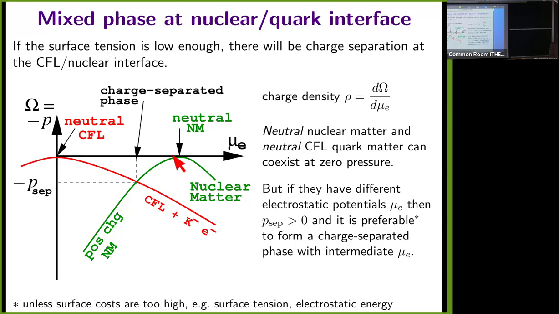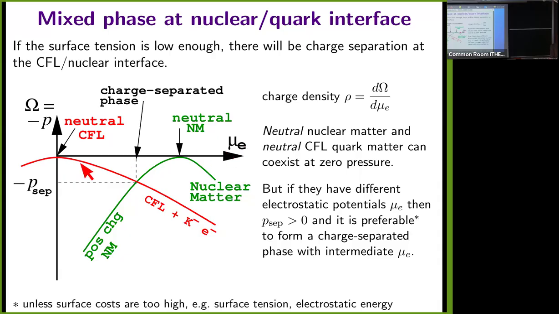So far we're just looking at two points on here: this point, neutral nuclear matter, and this point, neutral quark matter. But nature doesn't just look at that. Nature looks at all the possibilities. Supposing you looked at quark matter that wasn't neutral, supposing you increased the electron chemical potential, so it's actually the negative electrostatic potential, a potential that favors negative charge.